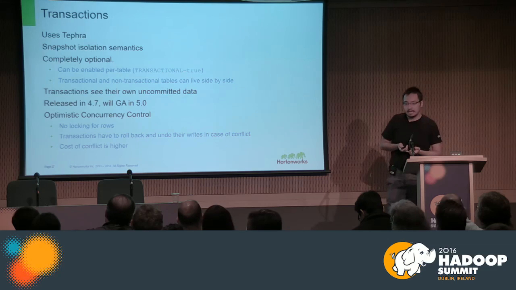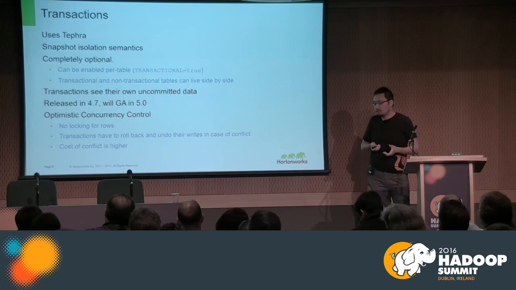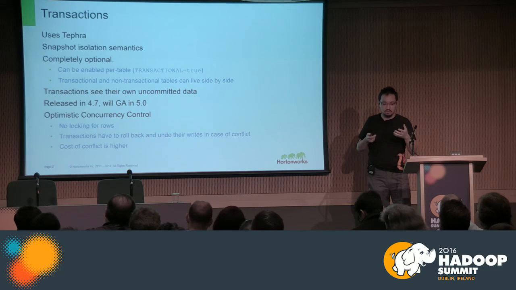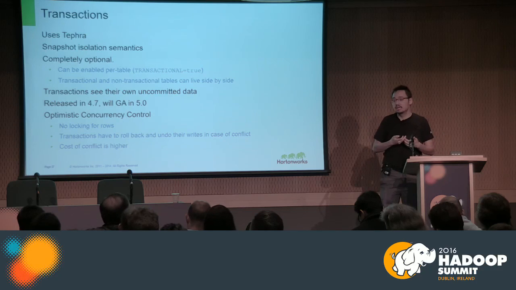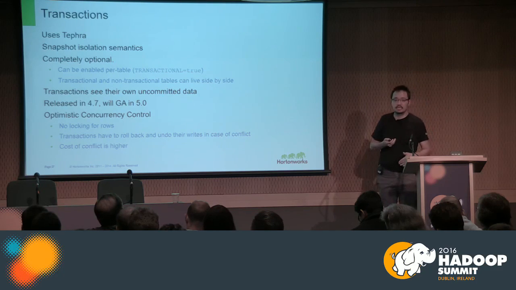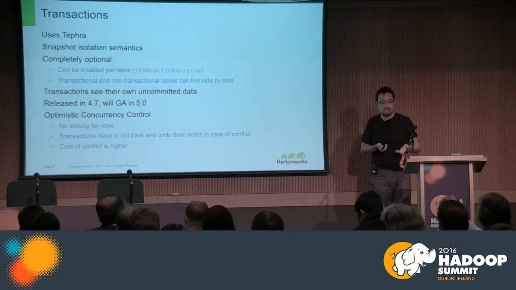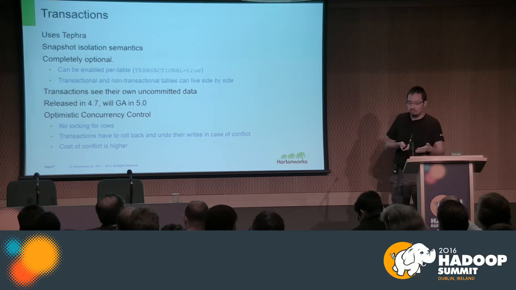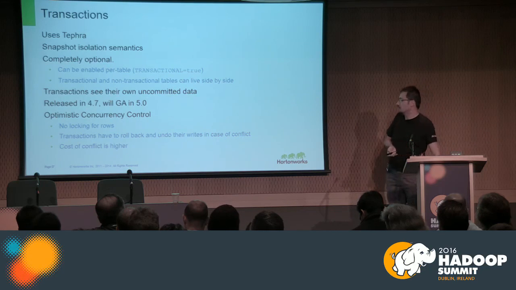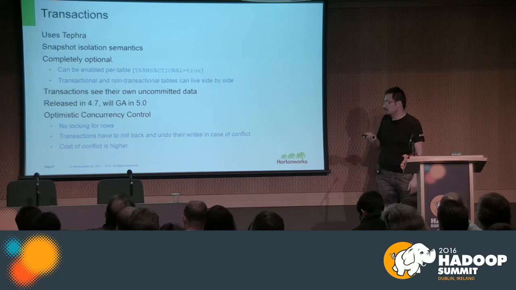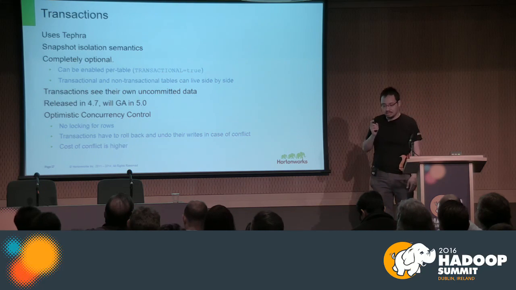So there's no locking in executing the transactions. But obviously, in case of high conflict, the conflict resolution is much more costly. If there's a conflict, it has to roll back the transaction and undo the changes it has done before. It has been released in 4.7, and it will go GA in 5.7.